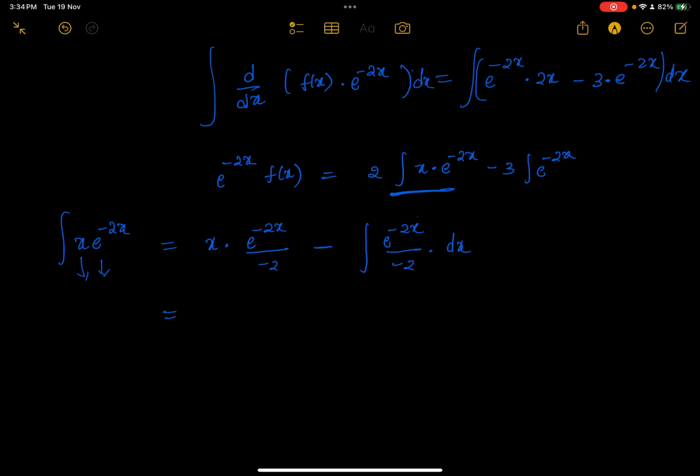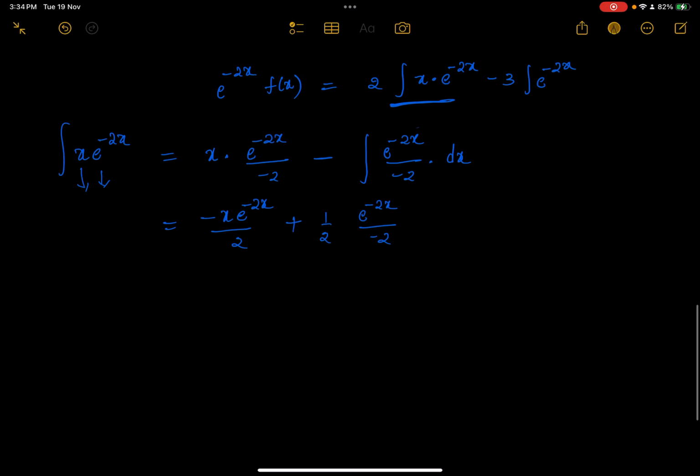So this is x into e to the power minus 2x by 2 plus half into e to the power minus 2x by minus 2. So let us go back to this equation.